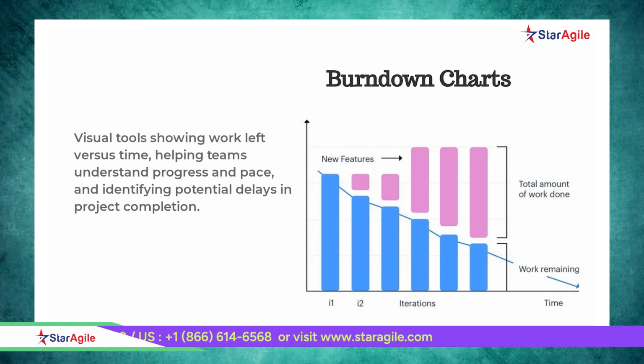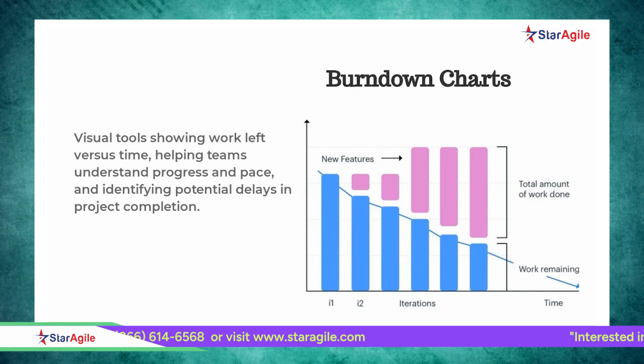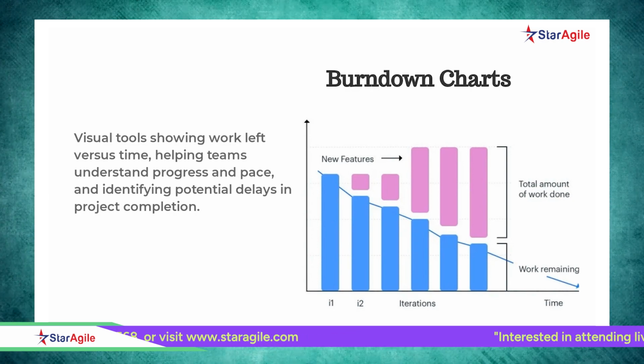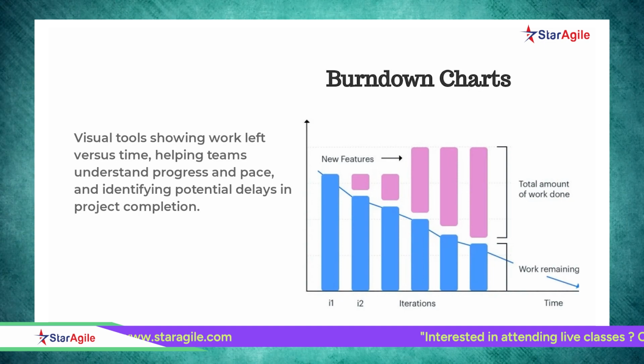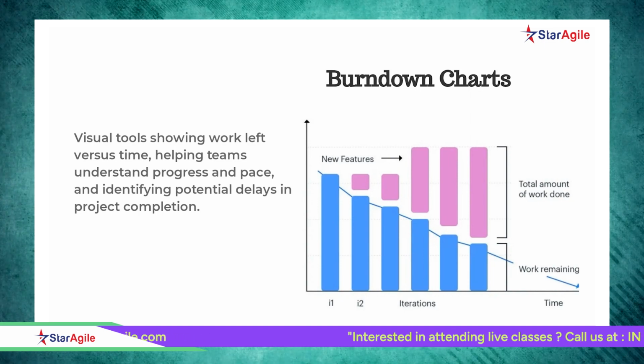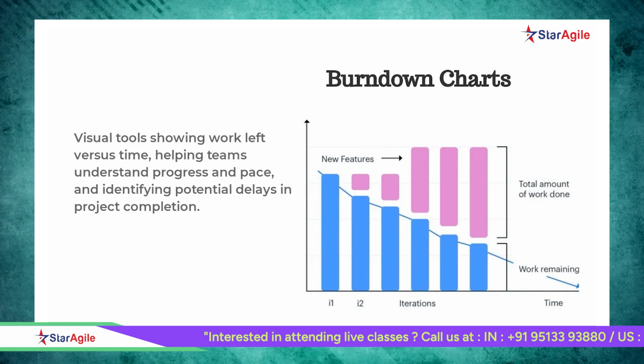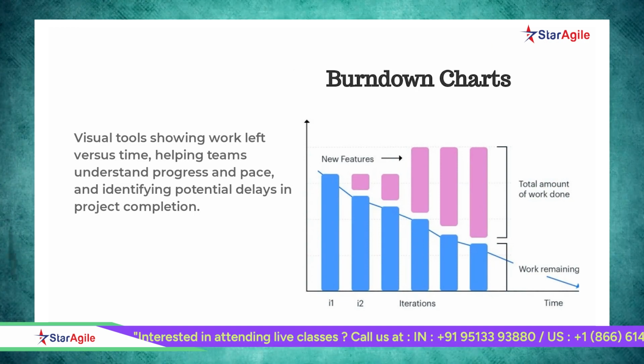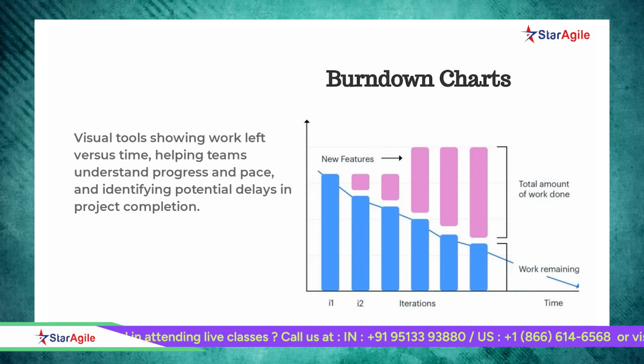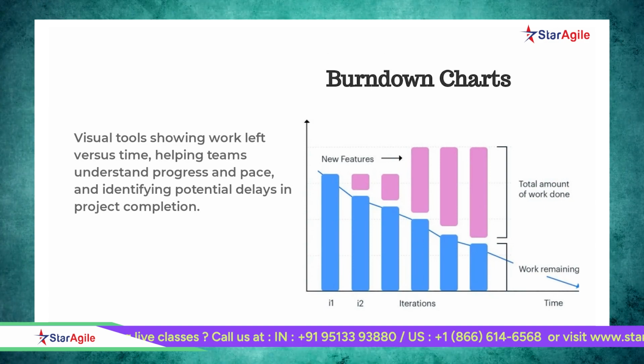By tracking the estimated versus actual work over the sprint, burn down charts ensure that the team remains on track to achieve the sprint goals, fostering a sense of accountability and driving timely adjustment to work plans as needed.